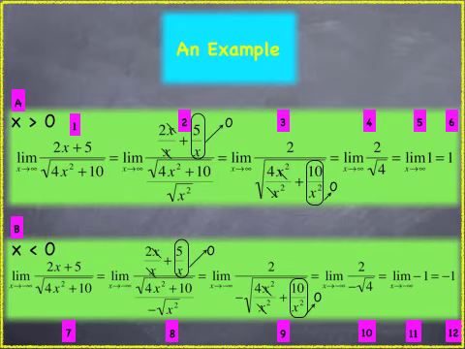The second example, B, is exactly the same. The only difference is that now we're dealing with x approaching negative infinity, and x is less than 0. When you have this scenario, the main difference between this example and the one we just did is that if you go to item 8, you'll see when we divide, instead of dividing by square root of x squared like we did in the other example, we have to divide by negative square root of x squared.